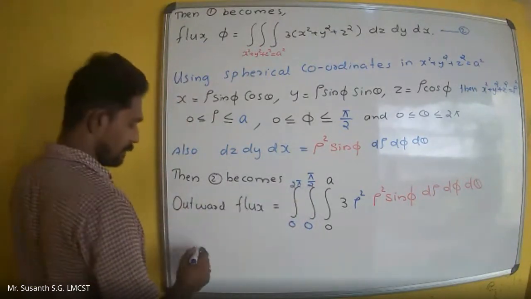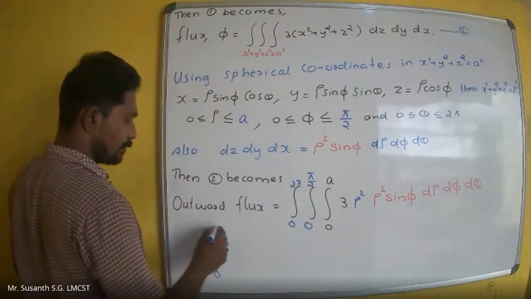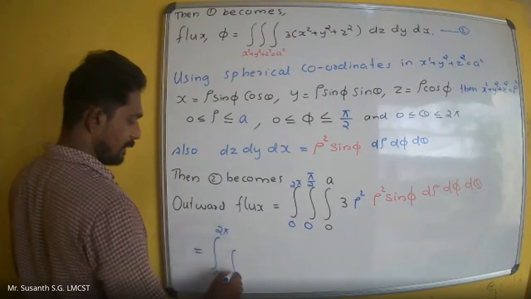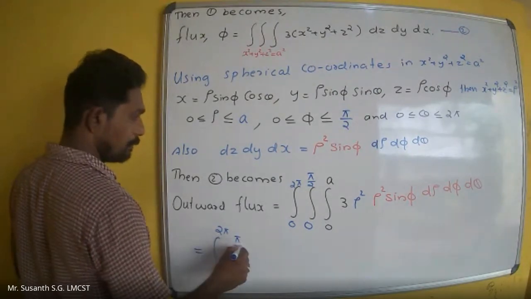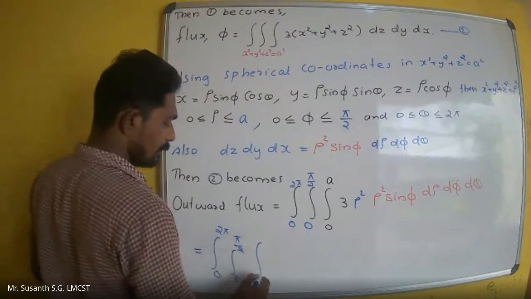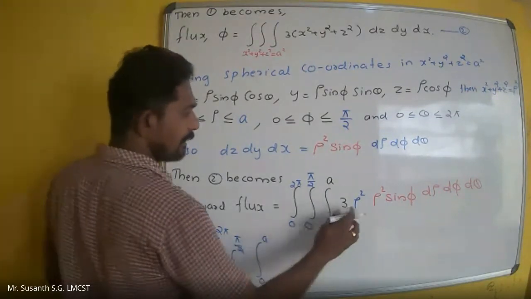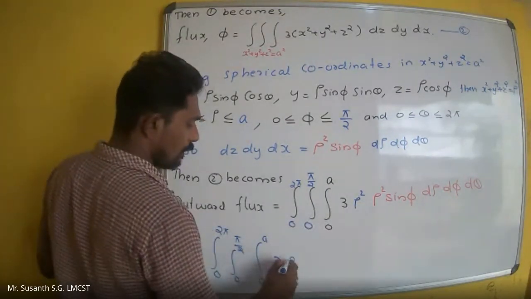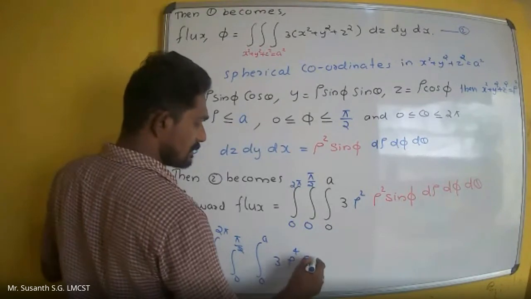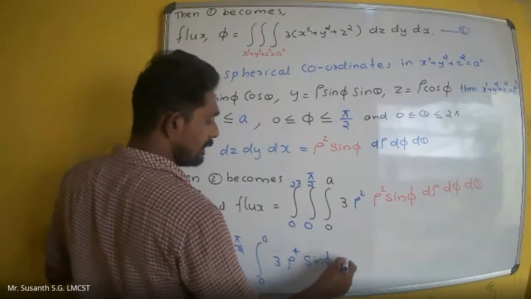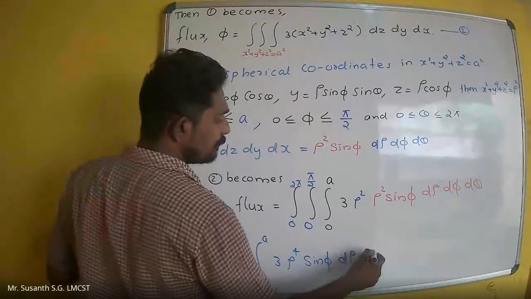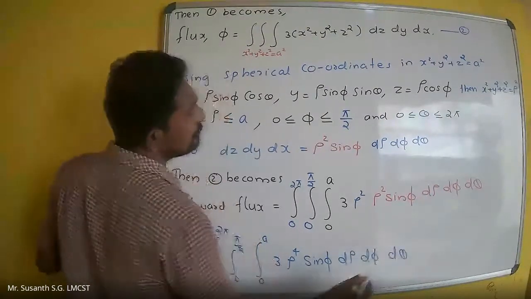So this is equal to the integral from 0 to 2 pi, the integral from 0 to pi/2, the integral from 0 to a, of 3 rho⁴ sin phi d rho d phi d theta.